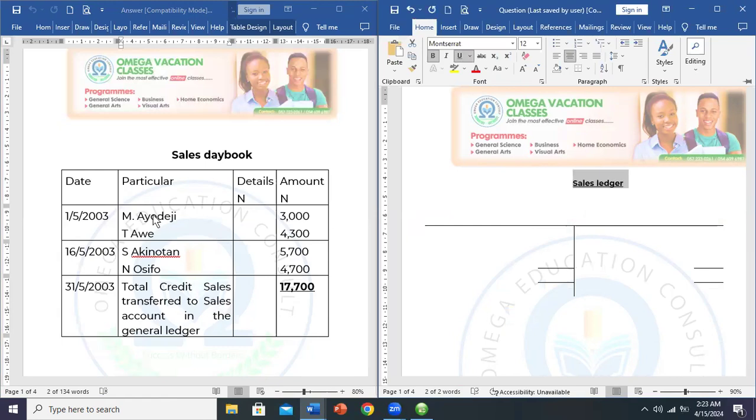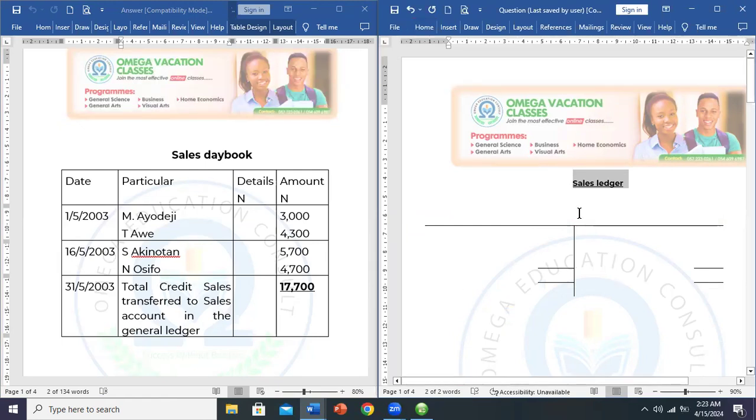So we are going to open the account of M. Ayodeji, T. Awe, S. Akinotan, and N. Osifu. So when you bring your heading sales ledger, you open the account for the first debtor, which is M. Ayodeji.